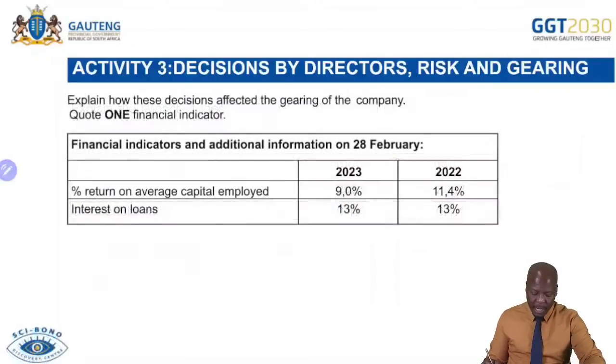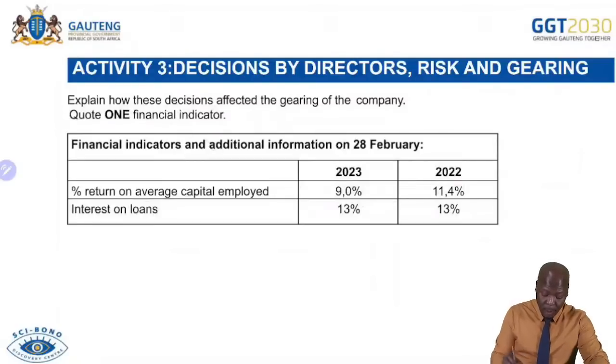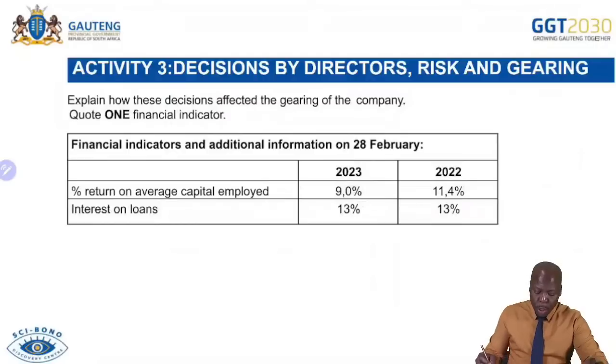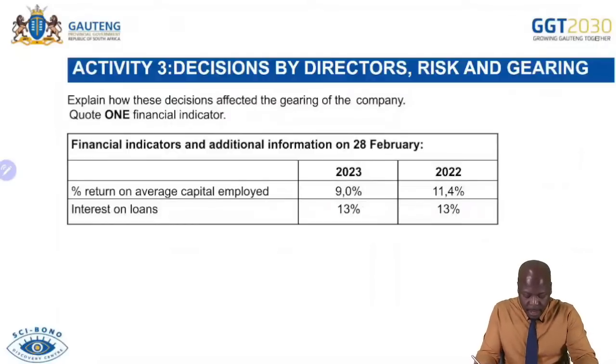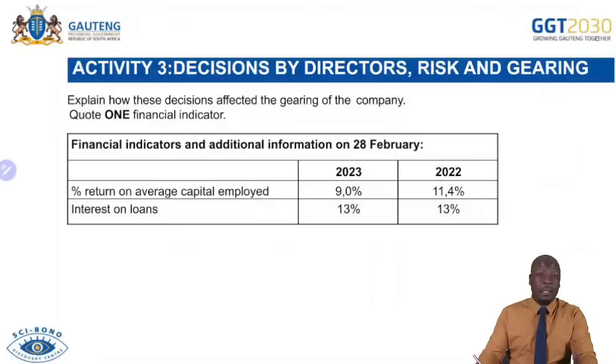And the next question reads, explain how these decisions affected the gearing of the company. Okay, so we're now moving on to the gearing of the company. When you talk about the gearing of the company, we want to see in relation to borrowed finance and the cost of maintaining that borrowed finance.